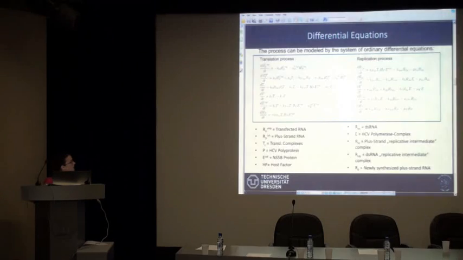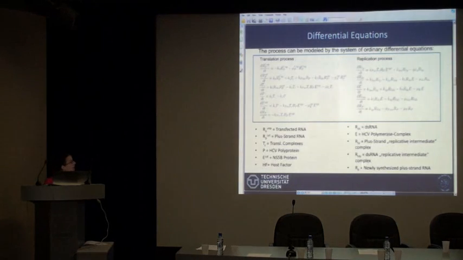So, very shortly, this is a model of the process; the entry, the release and the assembly are not taken into account.